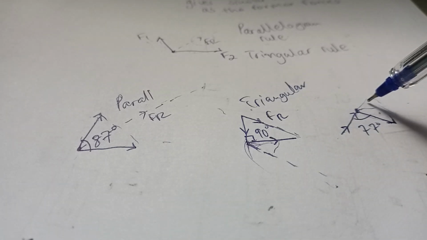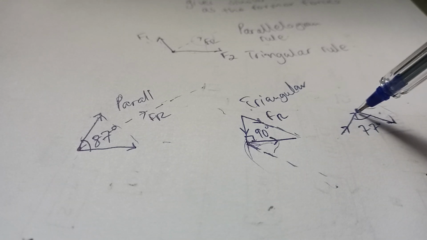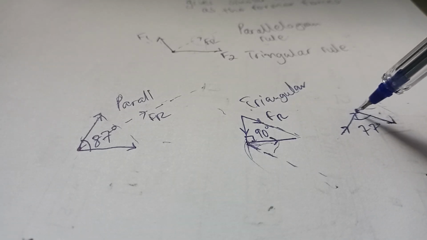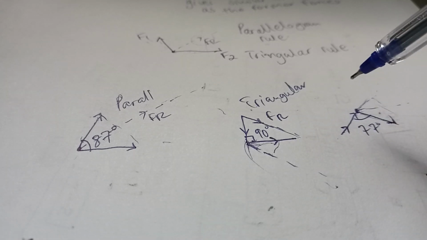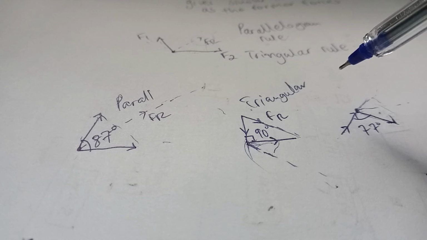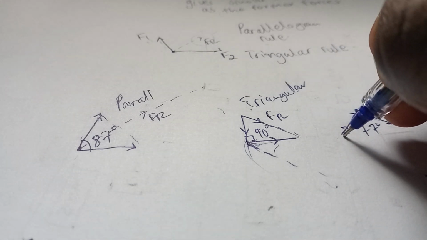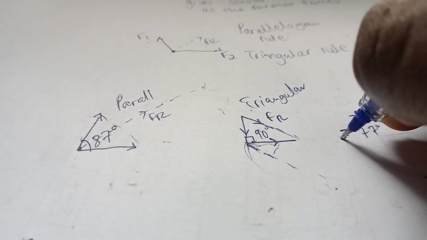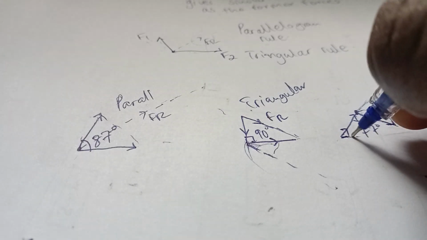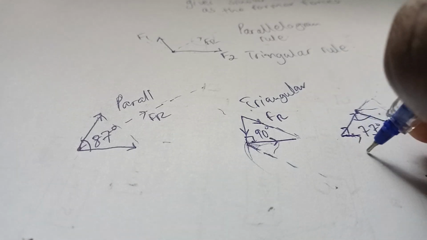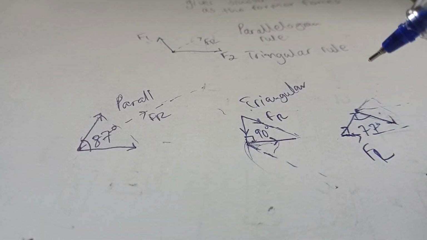This one pulling you here, this one pulling you down, so you'll be at the center. So here we can use the triangular rule. This is the resultant force.